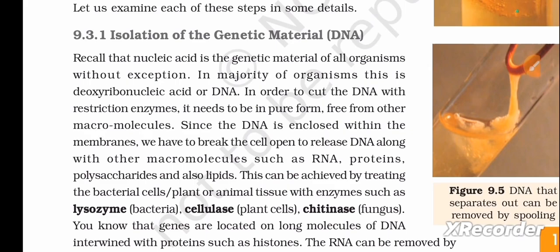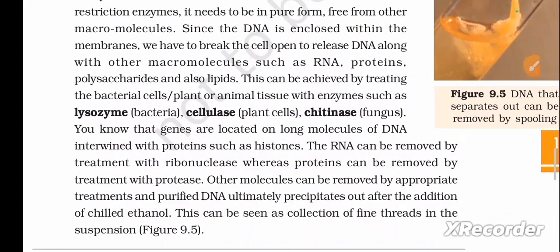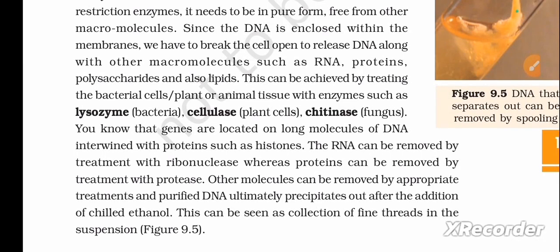This can be achieved by treating the bacterial cells or plant or animal tissue with enzymes such as lysozyme (bacteria), cellulase (plant cells), chitinase (fungus). You know that genes are located on long molecules of DNA intertwined with proteins such as histones.